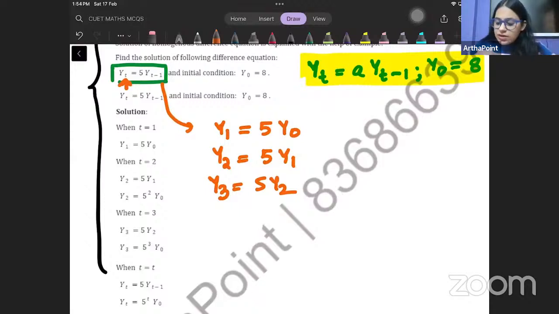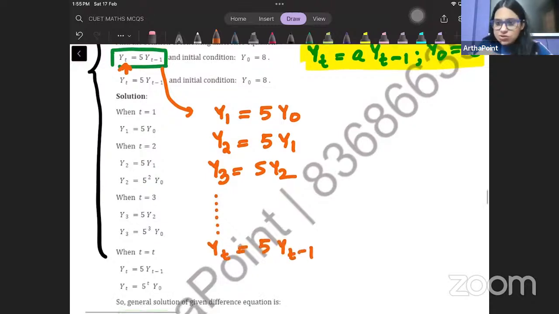That is the relation given, that yt is equal to 5 yt minus 1. यही तो relation given है हमें. So if I just continue doing this again and again, I will be able to reach the same condition that yt is equal to 5 yt minus 1. ये एक general condition हमें achieve हो गई.